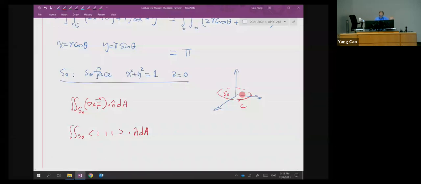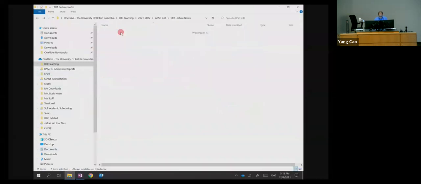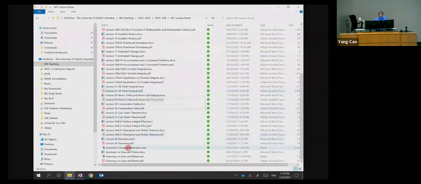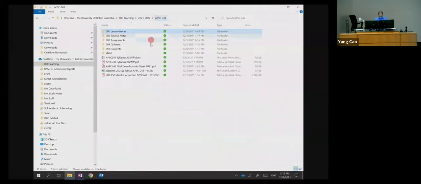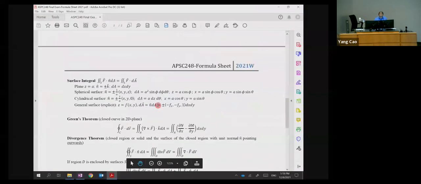Look at the formula sheet. Where's my formula sheet? Over here, whenever you deal with surface integrals, those are the formulas. What type of surface are we dealing with here for S naught? The plane, right? Exactly.